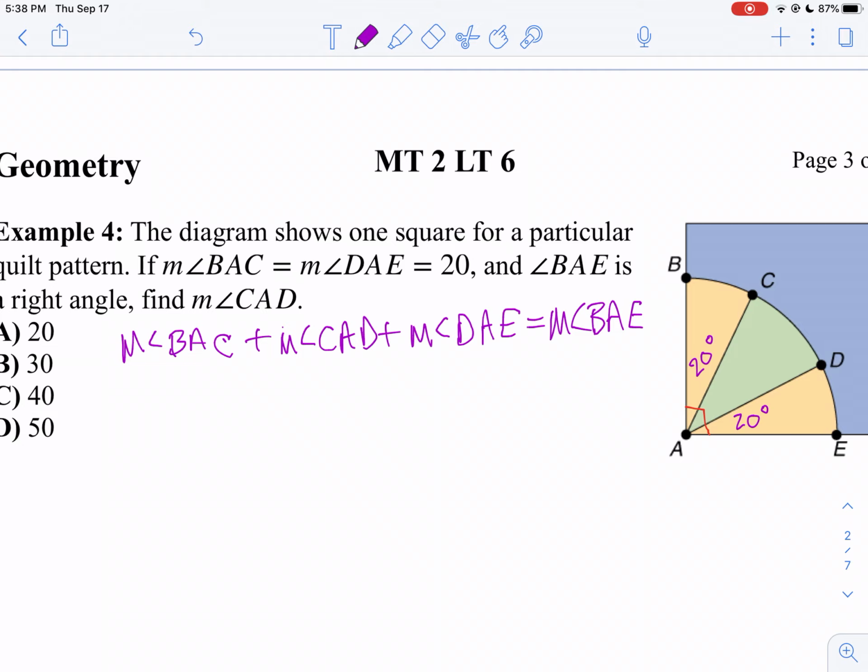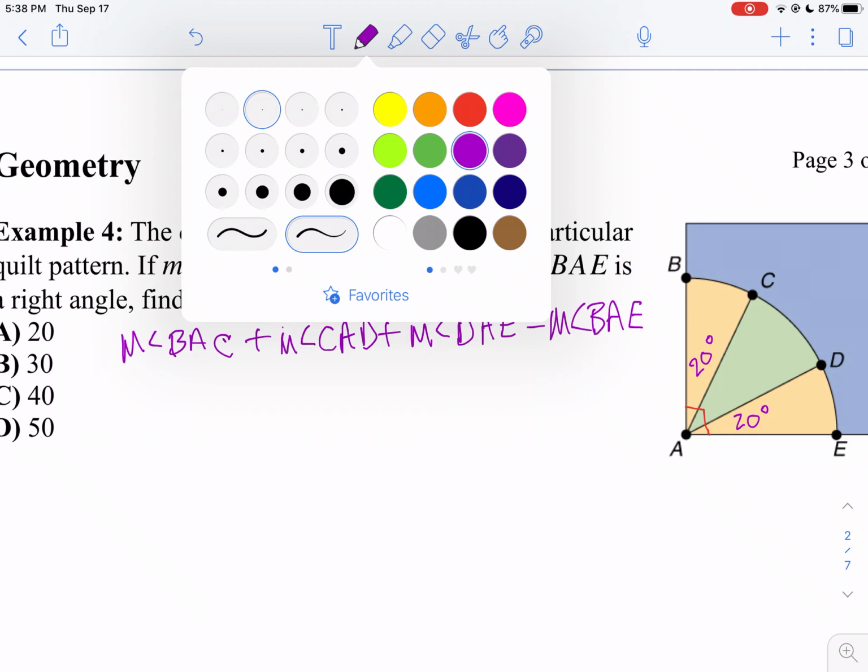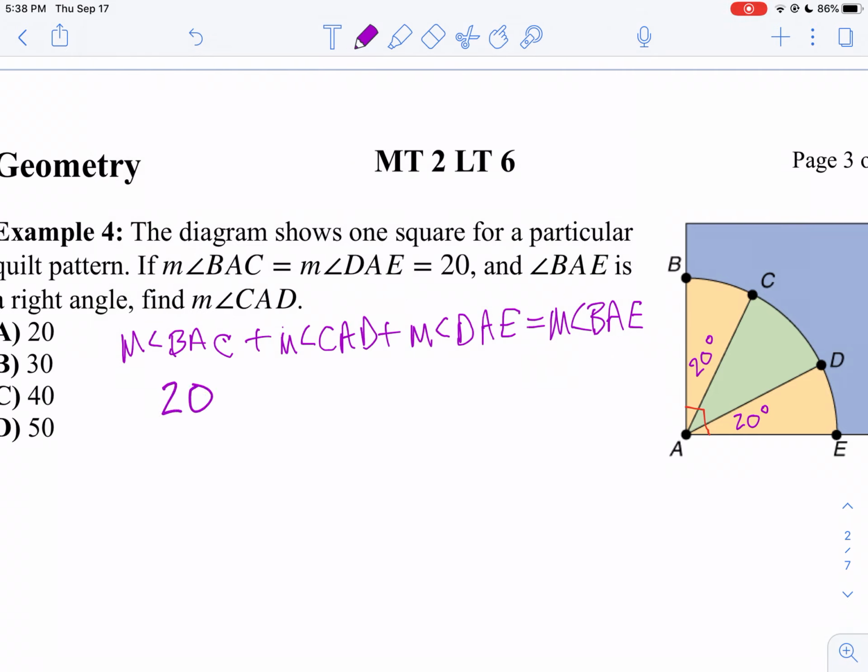Now let's substitute in what we know. We know angle BAC is 20 degrees. We don't know CAD, that's what we're supposed to find. And we know angle DAE is also 20 degrees. And since angle BAE is a right angle, we know that's 90 degrees.